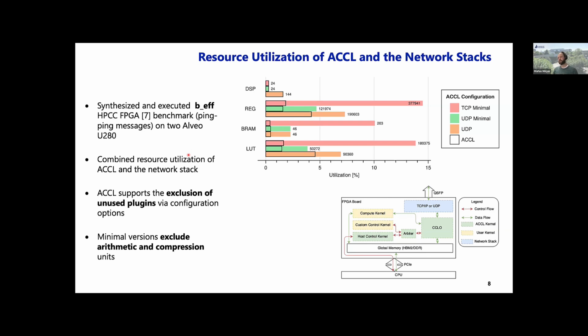If these plugins are not needed for the specific application, and in our case, we're always looking at the shallow water simulation, then they can just be removed from ACCL and we can further reduce our resource utilization. In that case, we excluded the arithmetic plugin and the compression plugin because we just want to do point-to-point communication in the end. And with that, we were already able to more than halve the logic utilization of ACCL.